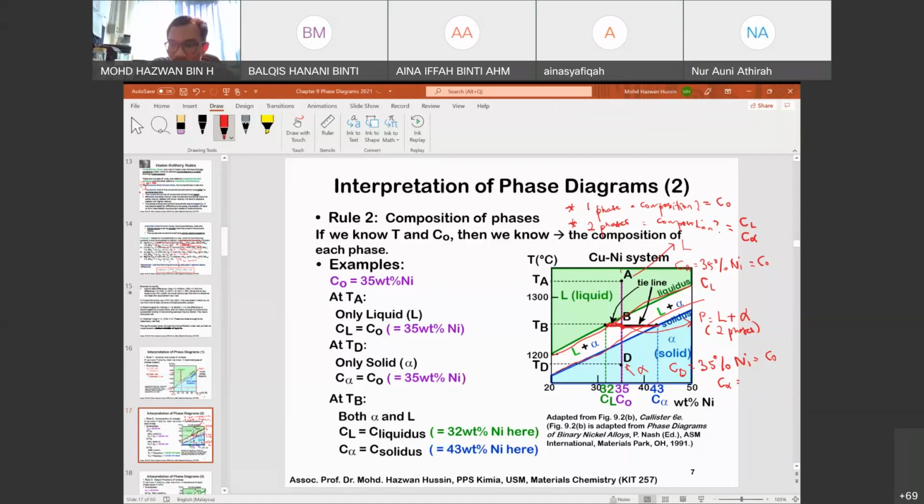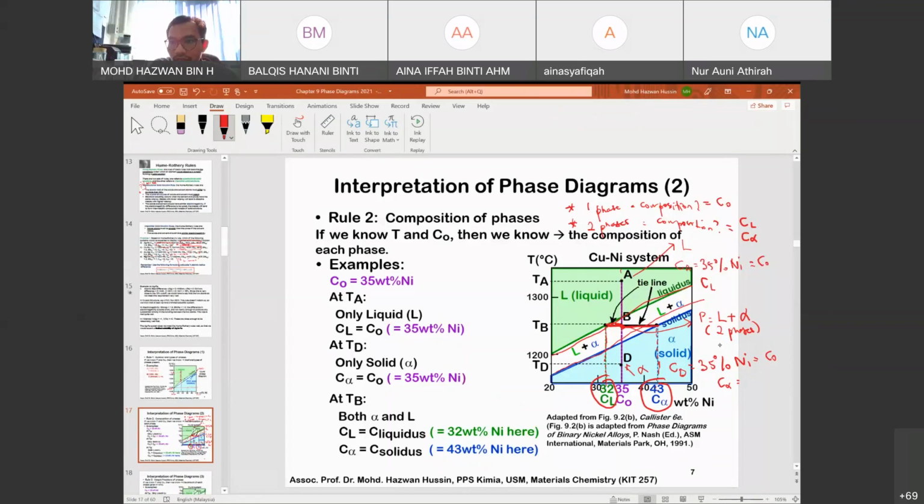You just draw the line that touches the end of the liquidus line and drag it down. This will be the composition of liquid. And at the other end, if you drag it down, you get the composition of alpha.